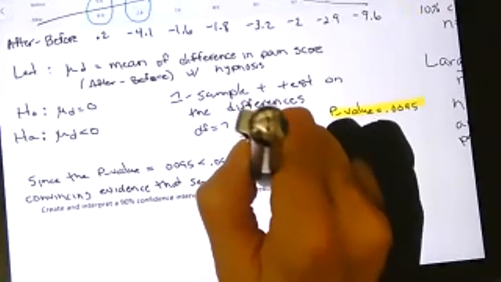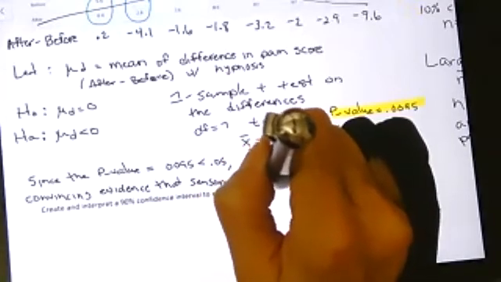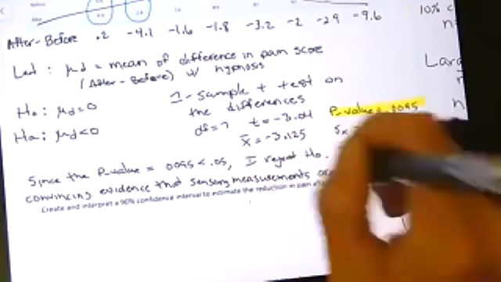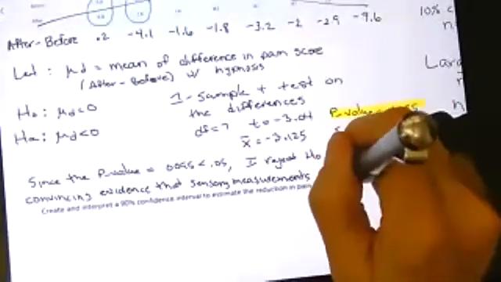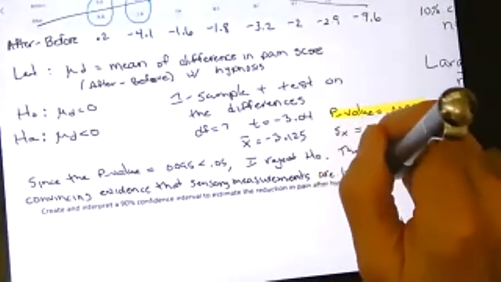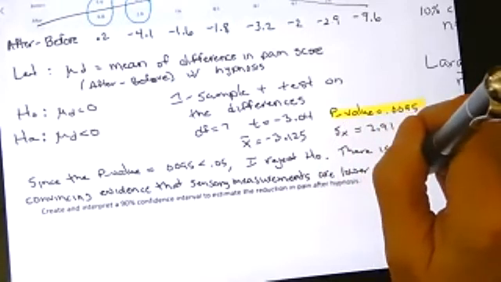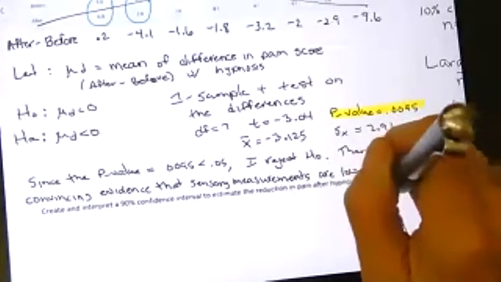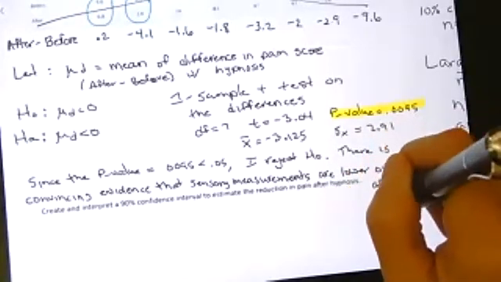But if in doubt, use the wording from the problem: are lower on average after hypnotism. I'm literally just writing everything from the question there.